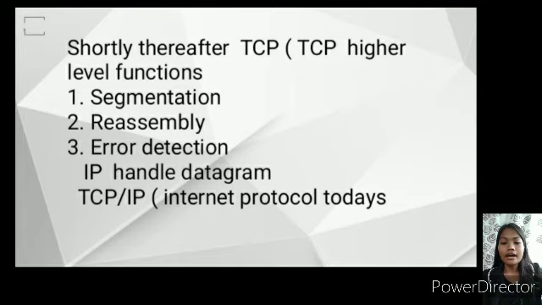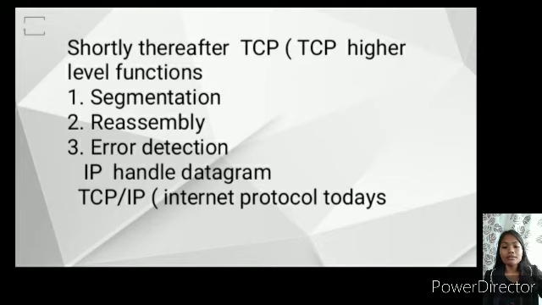We have the first, reassembly. Data blocks are of bounded size at each layer. Application layer messages may be large, network packets may be smaller. Second is segmentation.